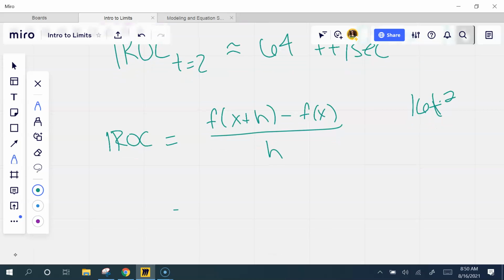So that means f of t plus h, that's 16 times (t plus h) squared, minus f of t.